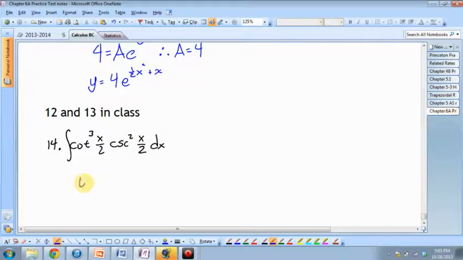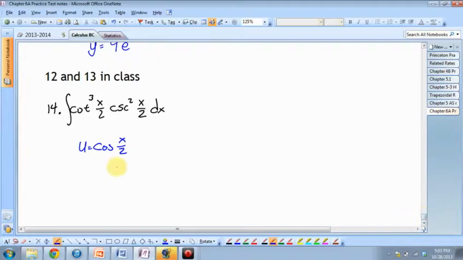So that means you can say u is equal to cotangent of x over 2. du would then be equal to 1/2, sorry, that's cotangent, 1/2 of cosecant squared x over 2 dx. So you did it negative. Yeah, you're right, it's negative.